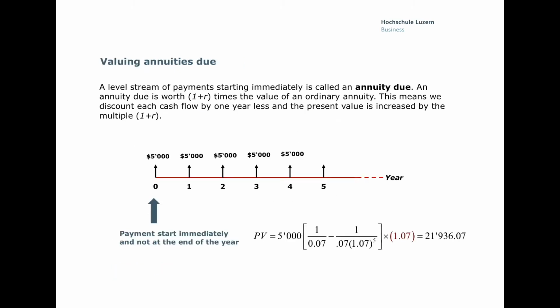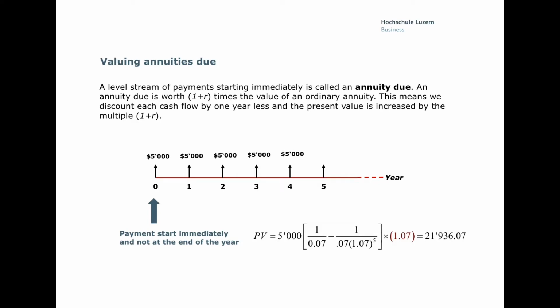The concept of an annuity due is very much related to the concept of an annuity discussed before. The difference is that the stream of payments starts immediately in the case of an annuity due. An annuity due is worth 1 plus R times the value of an ordinary annuity.